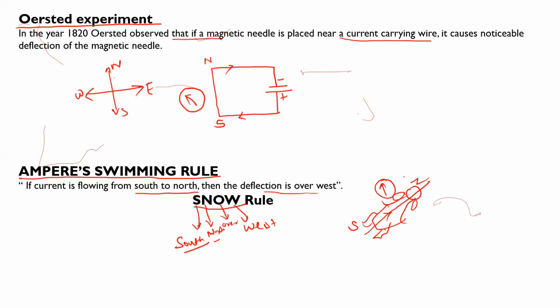This is what Ampere's swimming rule says: if we assume that current flows from south to north, then the deflection of the needle will be over west. This is how we can get the direction of the needle's deflection. So this was the beginning: whenever a current carrying wire is there, we will see deflection, and that deflection will be towards the west when current flows from south to north.